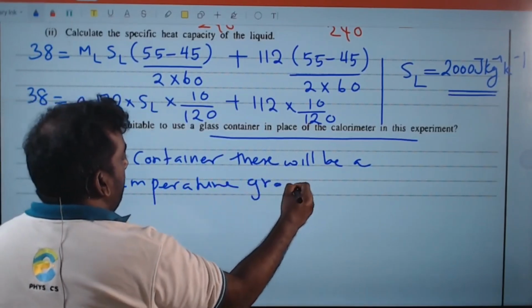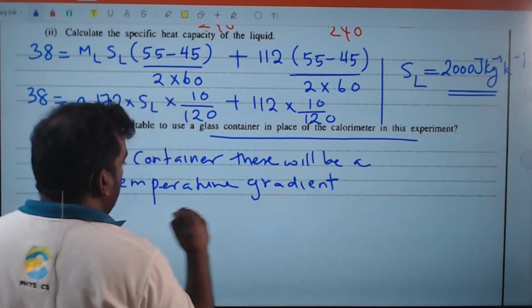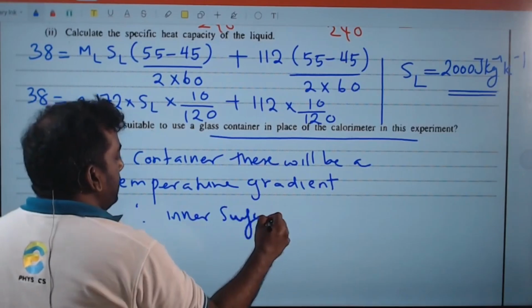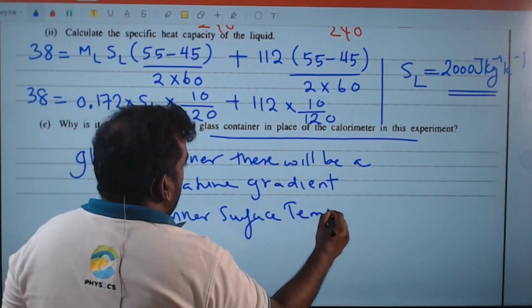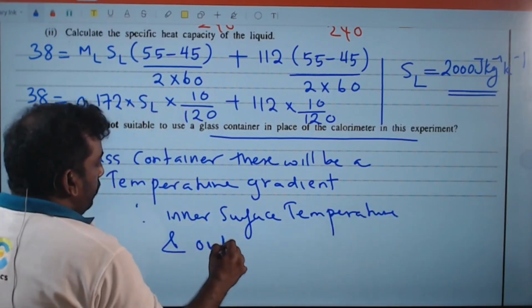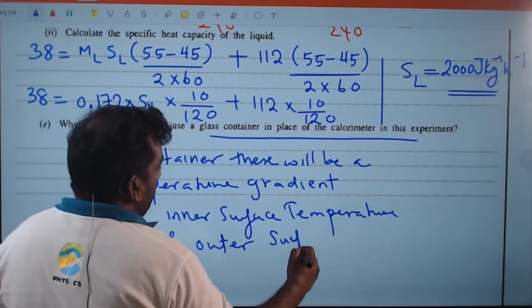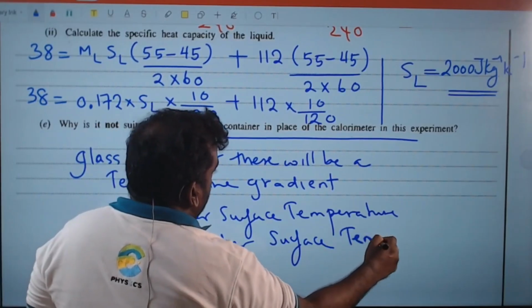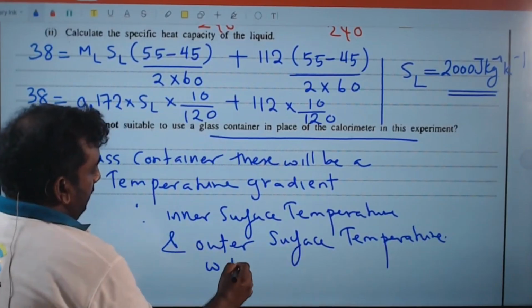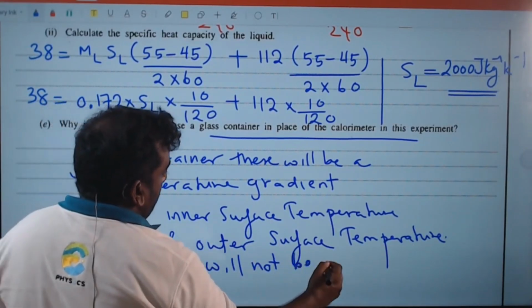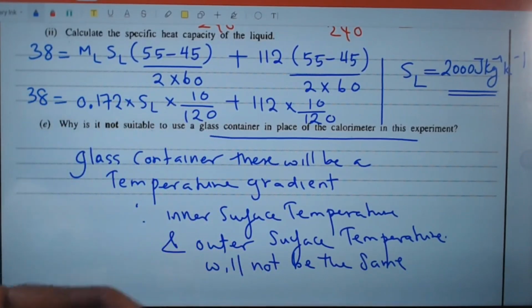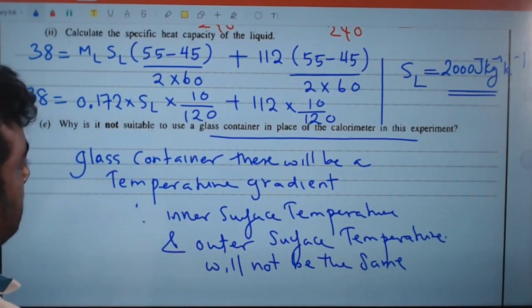Therefore, inner surface temperature and outer surface temperature will not be the same.